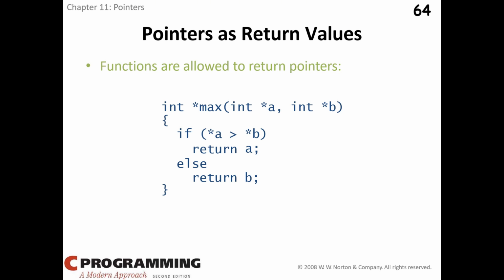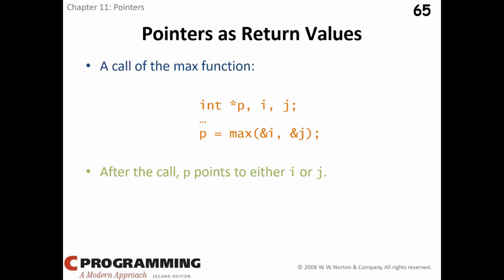This function compares the values pointed to by a and b, and if the value pointed to by a is greater than the value pointed to by b, the function returns the pointer a. Otherwise, it returns the pointer b. Returning pointers from functions allows us to perform various operations, such as selecting a pointer based on certain conditions, and provides more flexibility in program design and implementation.